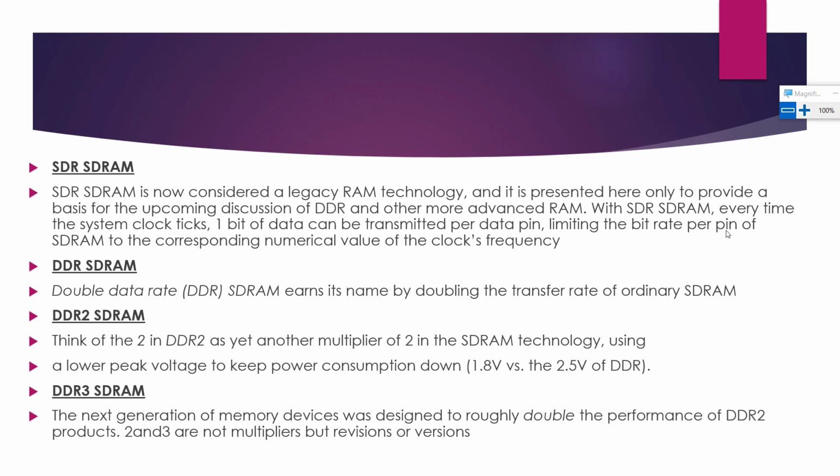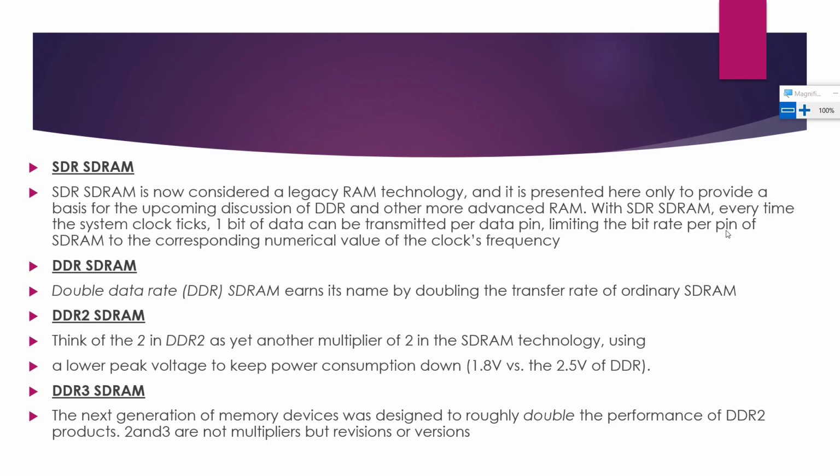Each pin receives one bit, the second pin receives one bit, and so on. 240 bits can be received per pin inside the RAM and then executed in the chipsets, right?